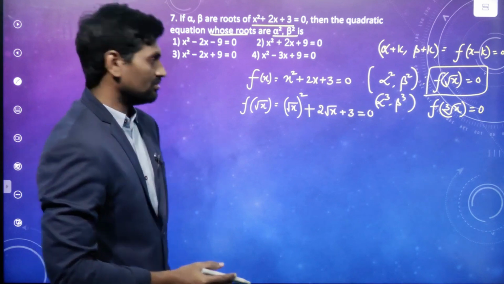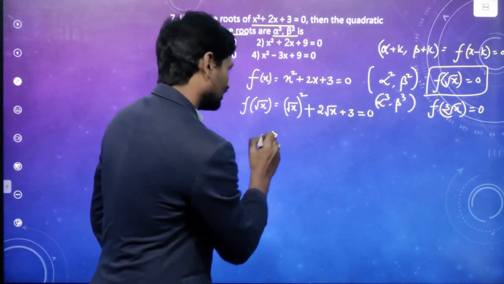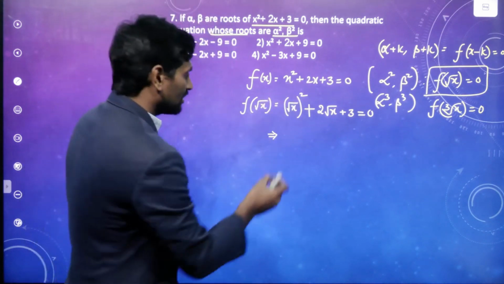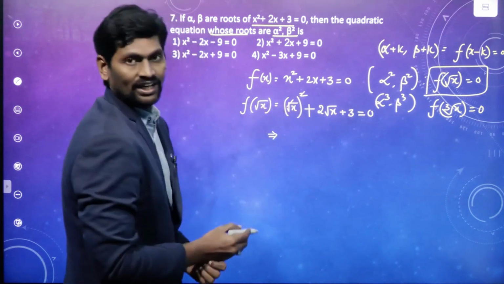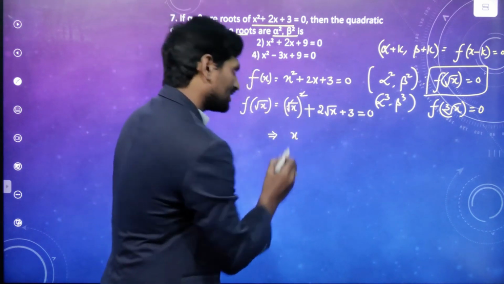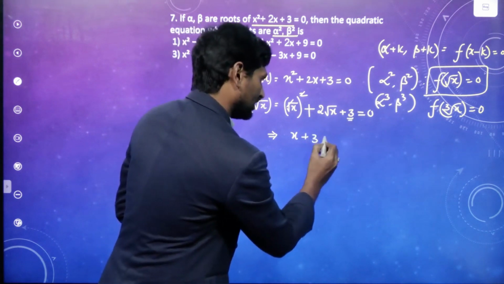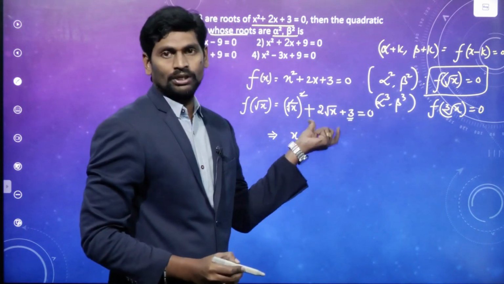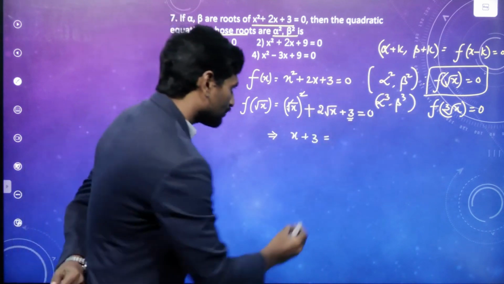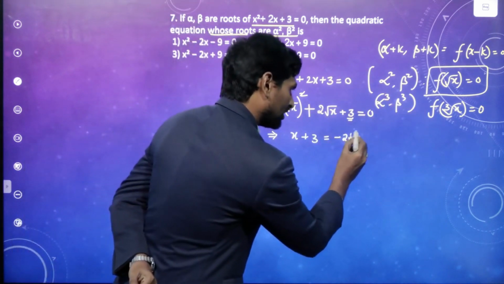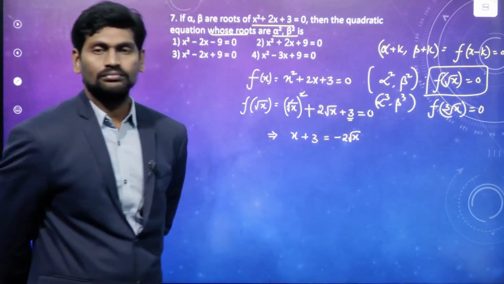The square and root cancel, the value is x. I am writing the plus 3 first: x plus 3 equal to minus 2 root x. I am going to transpose that side.